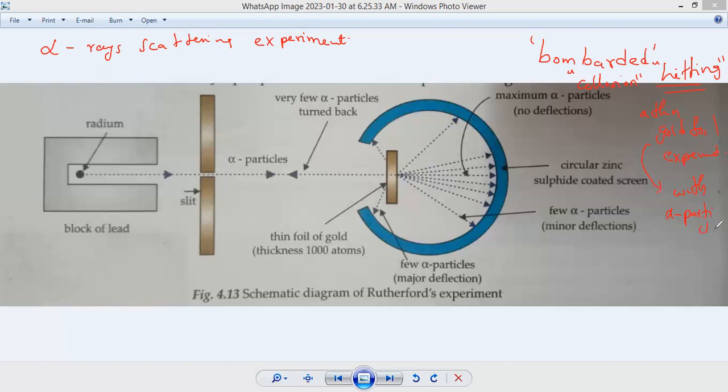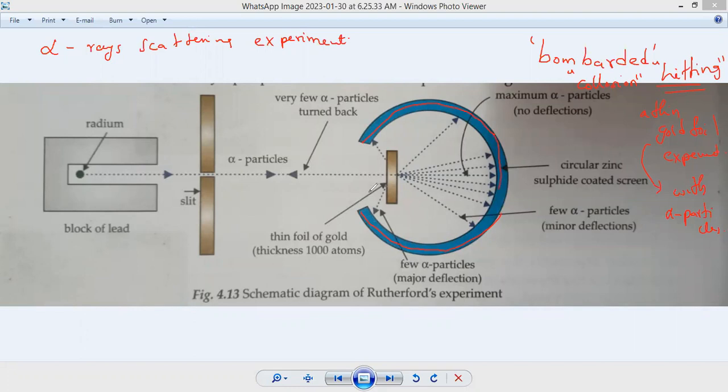I will tell you what these alpha particles are. The resultant particles were allowed to strike a zinc sulfide coated screen. That is the blue colored one you are noticing. What is this coating, Harish? Zinc sulfide coated.